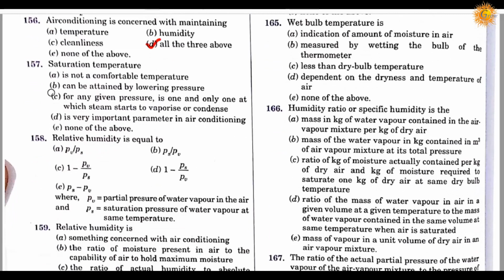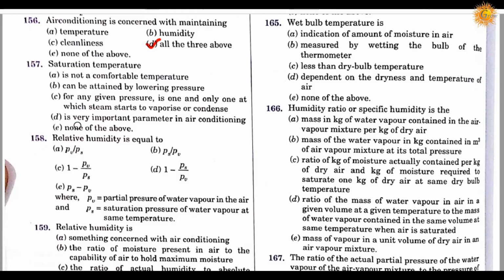Question number 157, saturation temperature: option A is not a comfortable temperature, option B can be attained by lowering pressure. Option C, for any given pressure is one and only one at which steam starts to vaporize or condense.